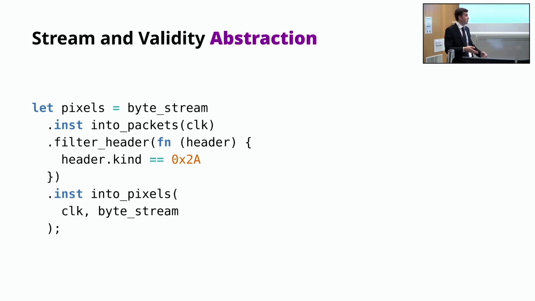We can then filter these packets to only look at the packets we're interested in. In this particular protocol, we want to look at the header and see that it's a 0x2A packet. That's the pixel data we're interested in this case, and then we can take the pixels out with these methods.